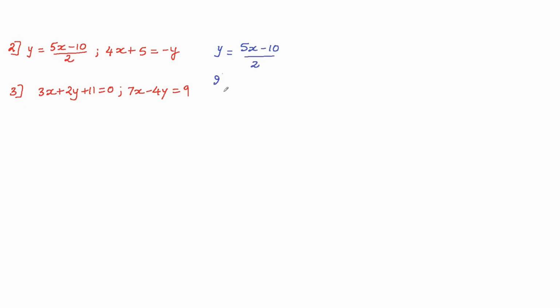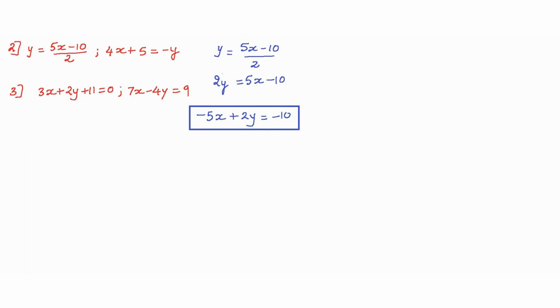Let's cross multiply. So 2y is therefore equal to 5x minus 10, or I can rearrange the terms. Let me pull the 5x this side to the left hand side. So negative 5x plus 2y is equal to negative 10. This is my first equation.